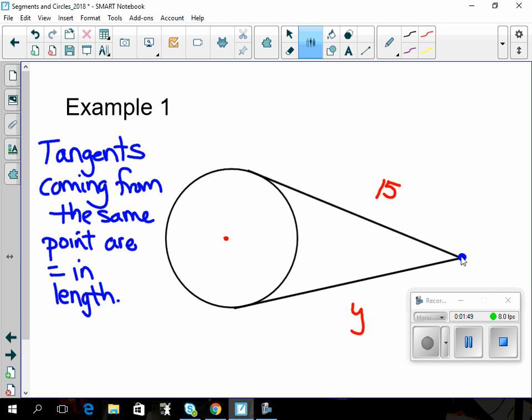In other words, 15 is going to equal y. There's really no work involved. Okay? That's it. They're congruent. Done with that particular part. Okay?